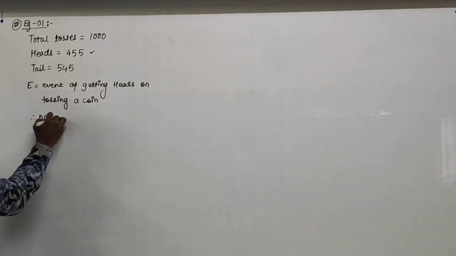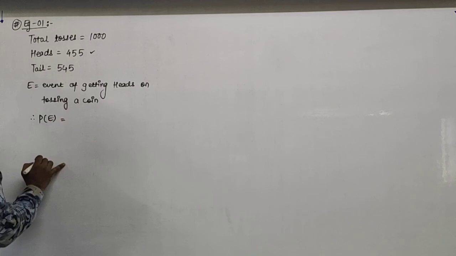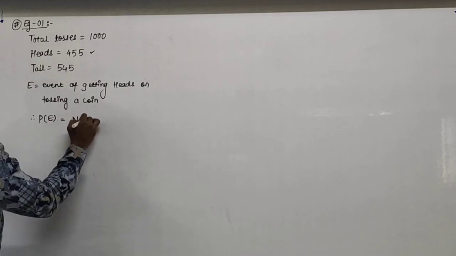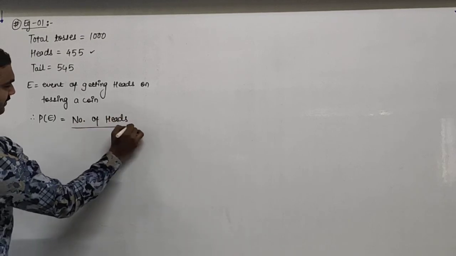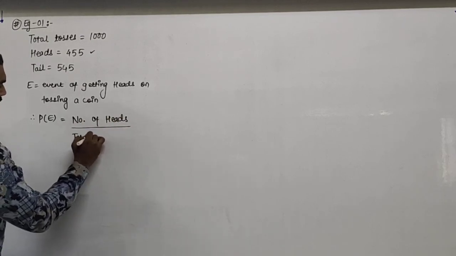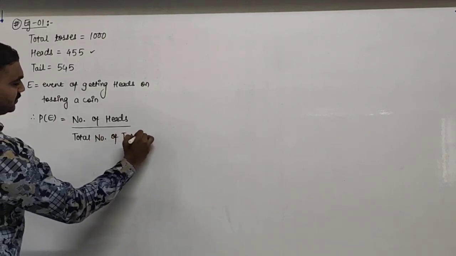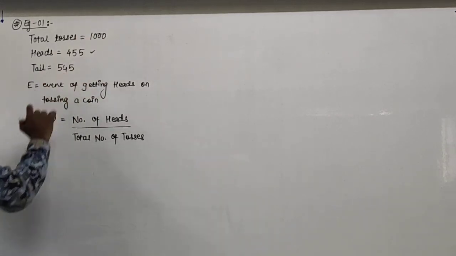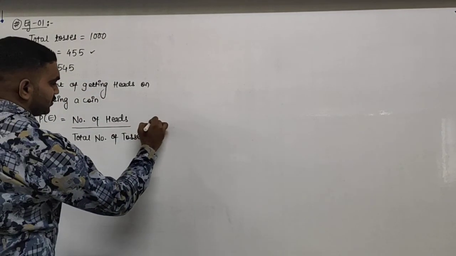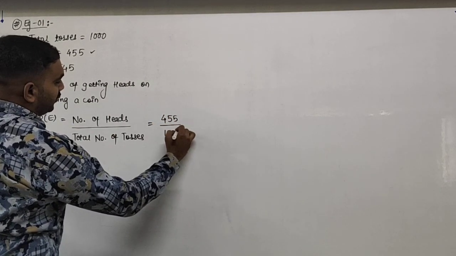Therefore, the probability of getting the heads, that is P of E, is equal to the number of heads divided by the total number of tosses. The total number of tosses is 1000, the number of heads is 455. So the answer will be 455 divided by 1000.